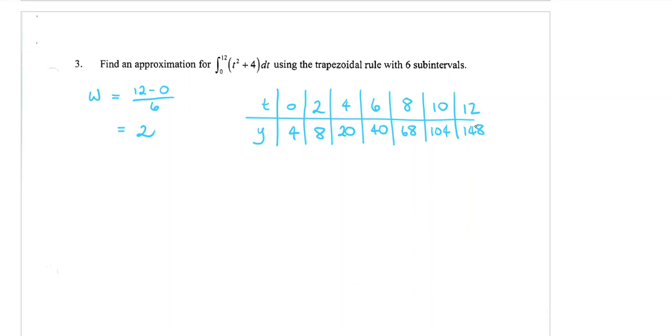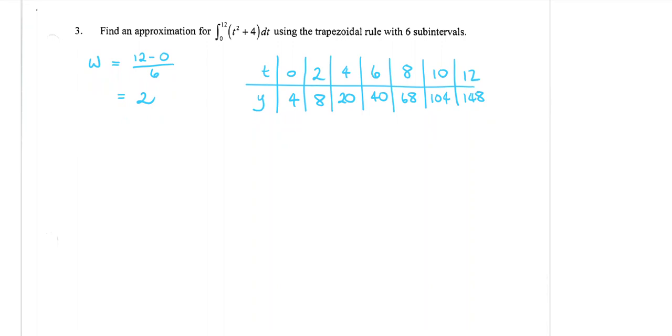Good job. Okay, let's find our integral now. So between 0 and 12 of t squared plus 4 dt, we are approximating that, so approximately equal to, and our formula again is w over 2 ends plus 2 lots of the middle.